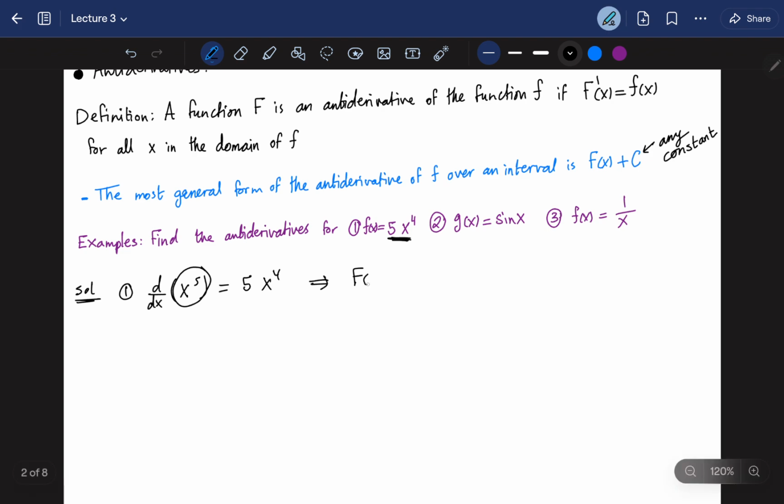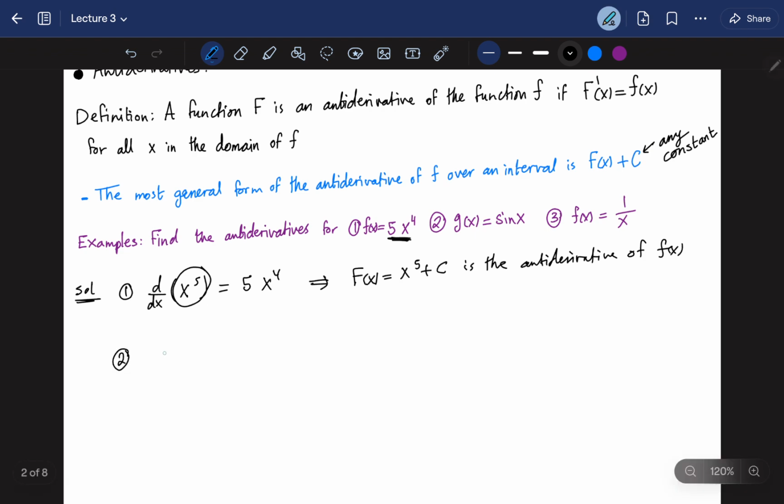So if I take capital F of x to be x to the 5th plus c, this is the antiderivative of my function. So it's all about finding something. If I derive it, I get to the original function that I want to find the antiderivative for.